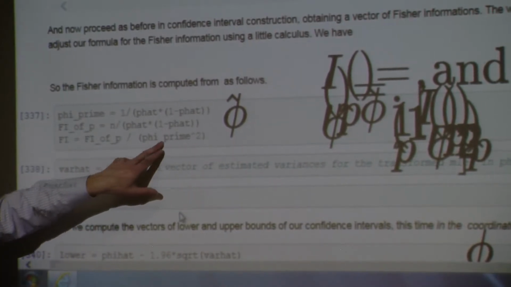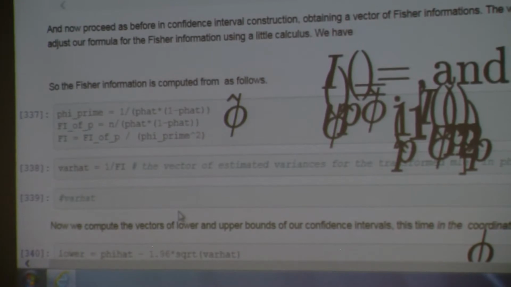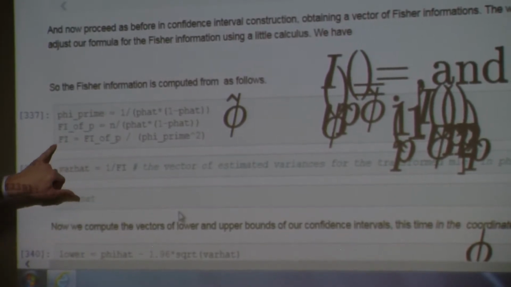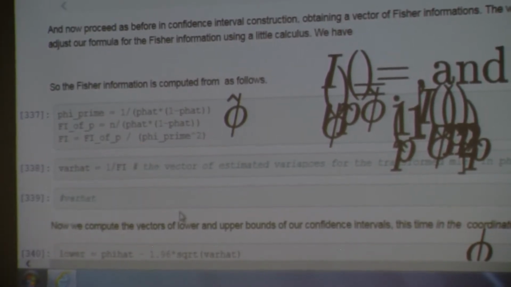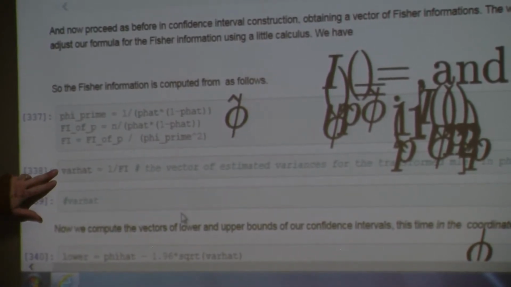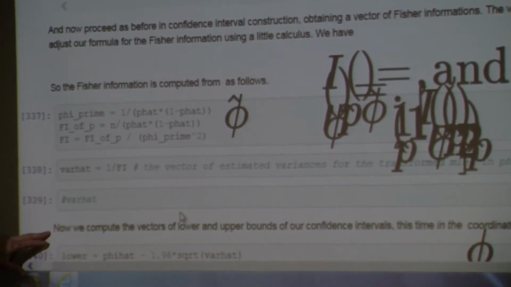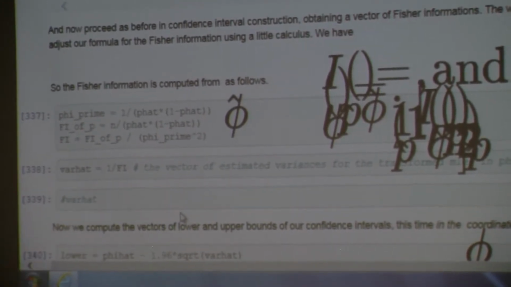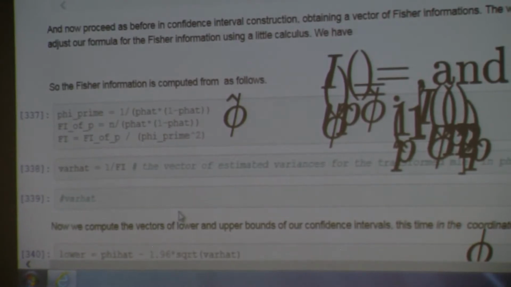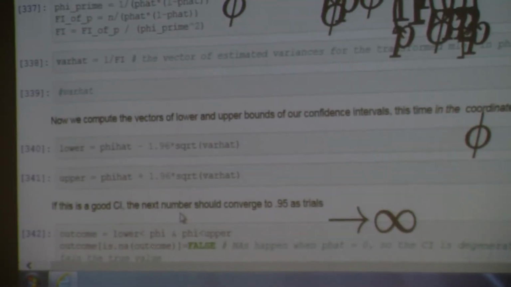This is just like a chain rule, right? We're applying a chain rule with this transformation. So we have to adjust our Fisher information to reflect the fact that we've changed coordinates. That's all we're doing. And then we can form a vector of variances in the same way as 1 over the Fisher information, and then proceed to compute lower and upper bounds for our confidence intervals.